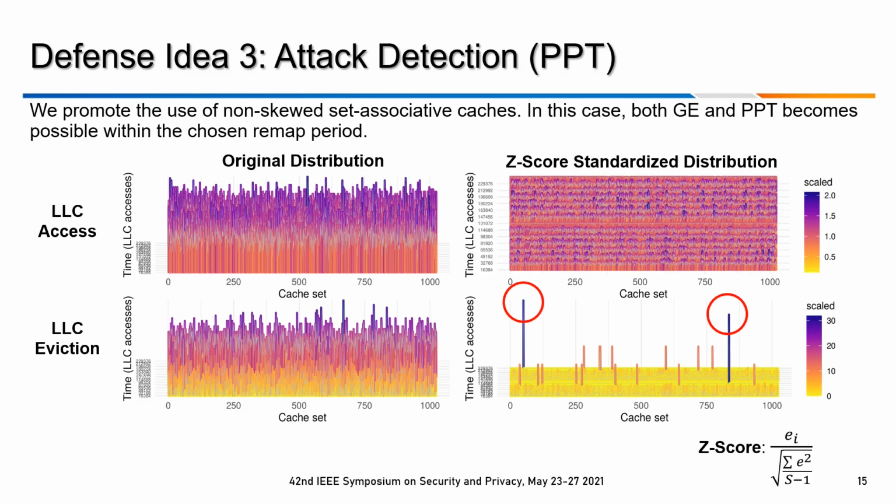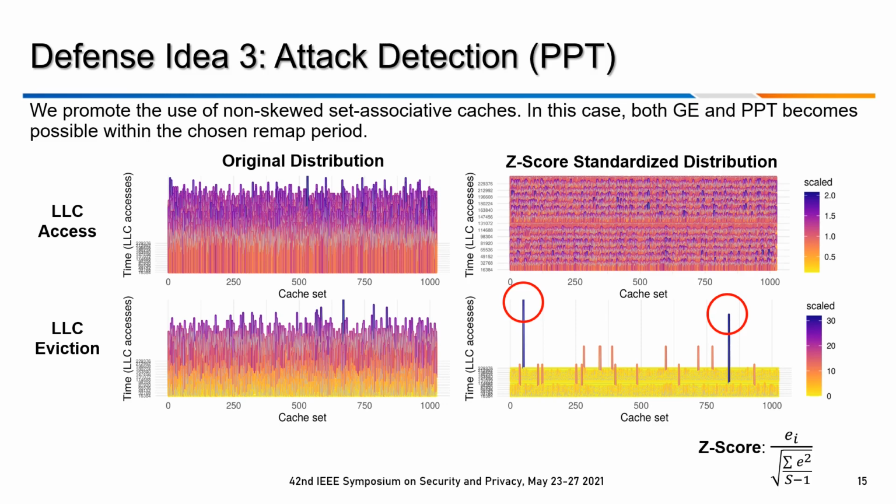Finally, we propose to trigger extra remaps using attack detection. Instead of using randomized skewed caches, we actually prefer and promote the adoption of non-skewed randomized set-associative caches, such as CEASER. Skewed cache might bring some performance benefits, but in reality, accessing multiple cache sets with different cache set indices can substantially reduce the available bandwidth of the LLCs through concurrent transactions, or significantly increase the hardware complexity and prolong LLC's latency.